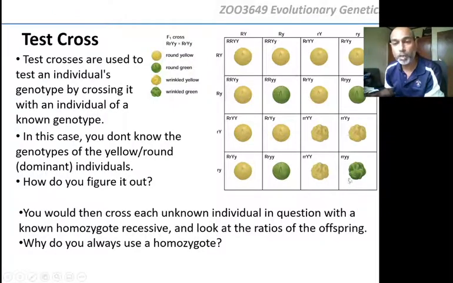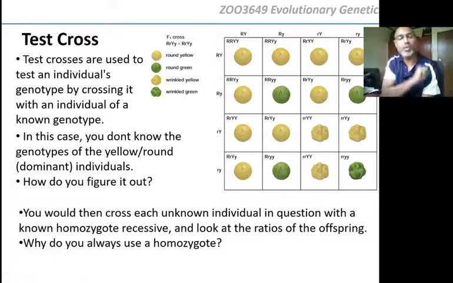I can tell you already you will get a green color because this small y and this small y will come together. You will get at least one green. And I can tell you also you will get at least one wrinkled, because this one has a small r and this one has a small r, and those two small r's will also come together. So you will also get a wrinkled.